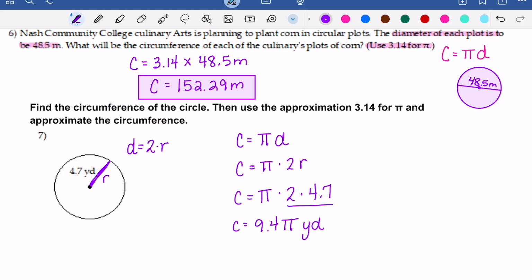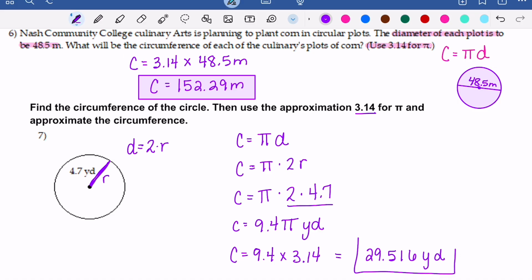So that would be one version that you could get without using pi. Then it says use the approximation 3.14 for pi to approximate the circumference. So now I'm going to do 9.4 times 3.14 to get an approximation. So 29.516 yards.